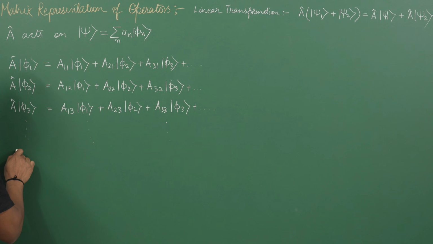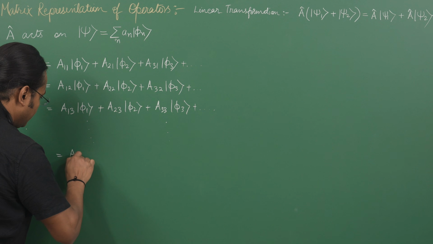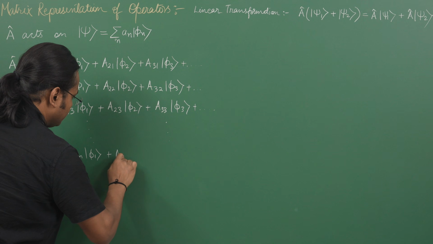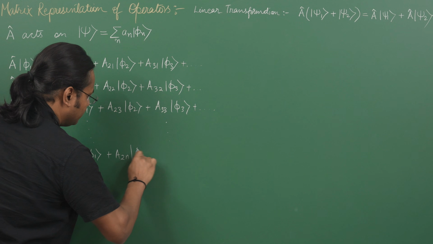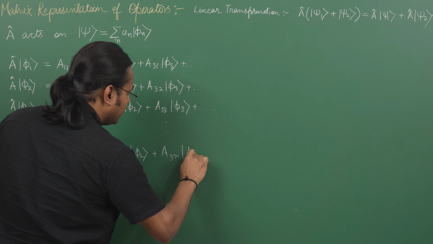So you can have something like A hat acting on phi n is equal to A1n phi 1 plus A2n phi 2 plus A3n phi 3.